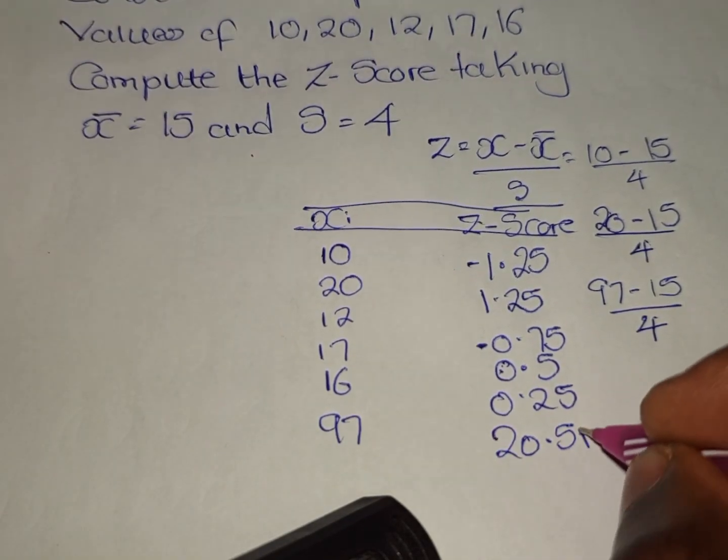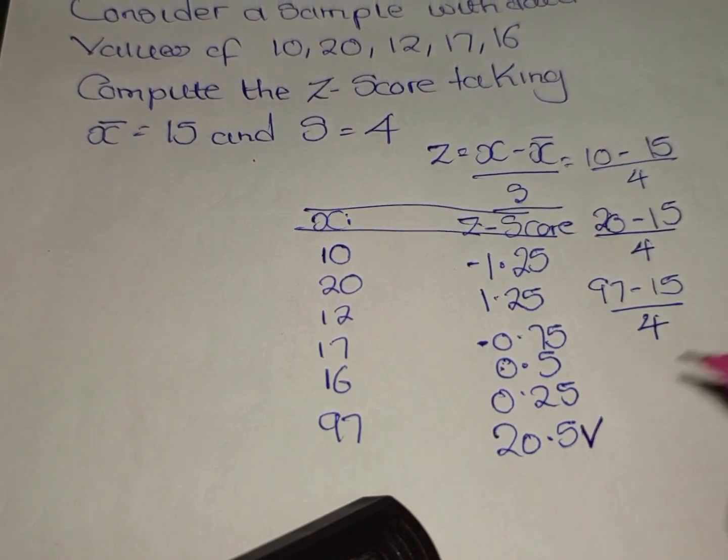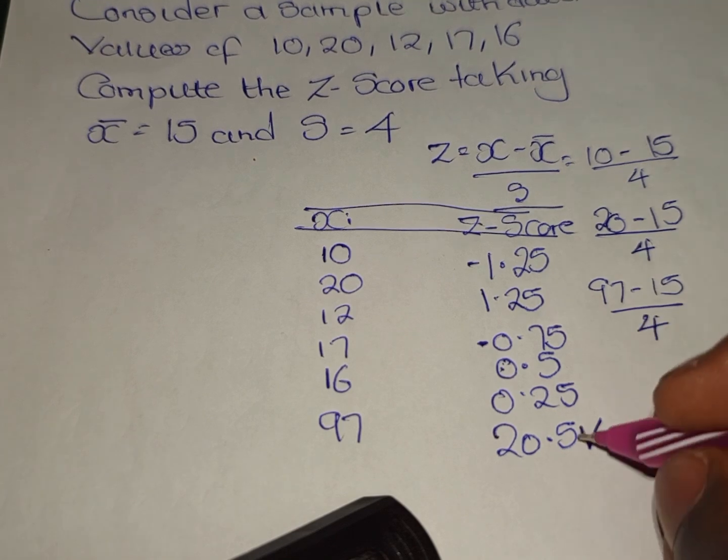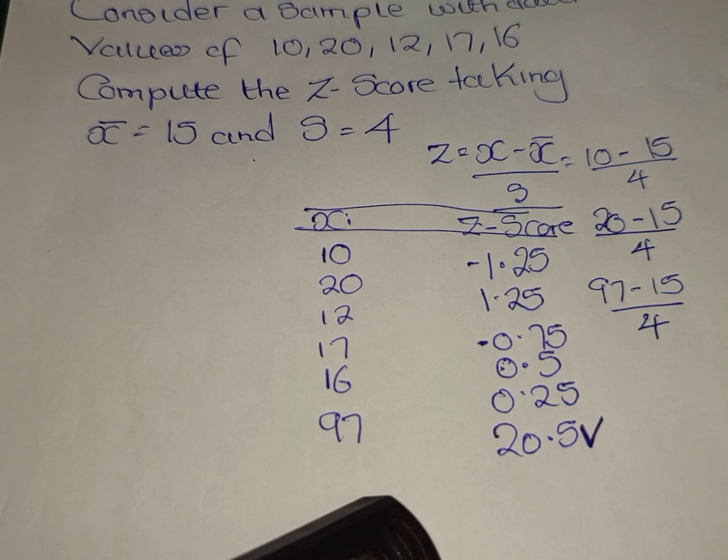So in reviewing your data, you can see that 20.5 is greater than +3, and such an observation can be questioned. So the z-score is always used to determine whether in a given situation there are outliers.